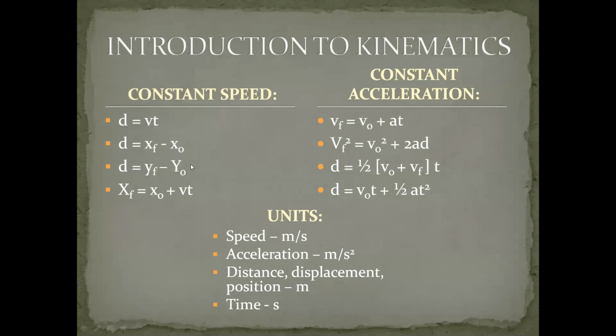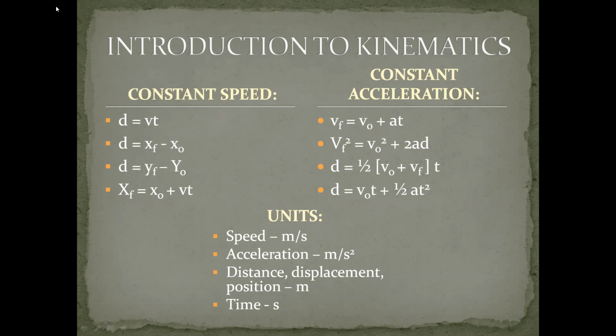Which part should I repeat? Constant speed, all right. So d is equal to vt, where v can either be velocity or speed. If v represents speed, d will represent distance. If v represents velocity, d represents displacement, which can be at the x-axis or at the y-axis, so you're going to use these two formulas.